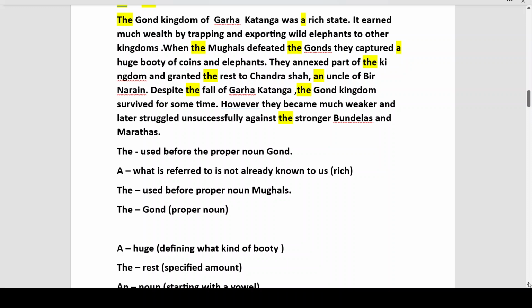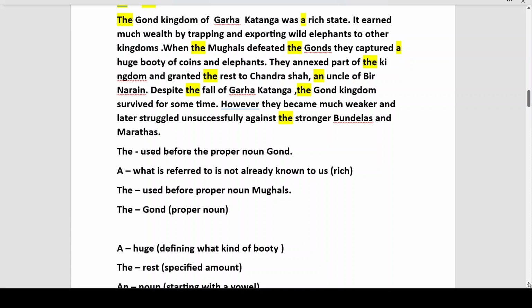Now, it earned much wealth by trapping and exporting wild elephants to other kingdoms. When the Mughals defeated the Gonds, again, Mughals and Gonds are proper nouns. So, we will use the specific definite article the for these two, Mughals and Gonds. They captured a huge booty of coins and elephants. So, what is describing the booty?